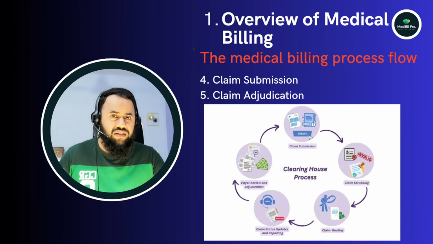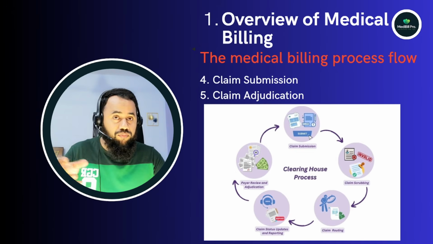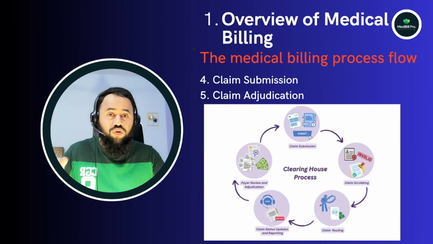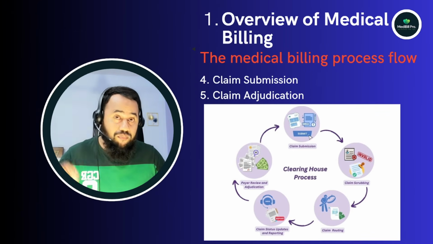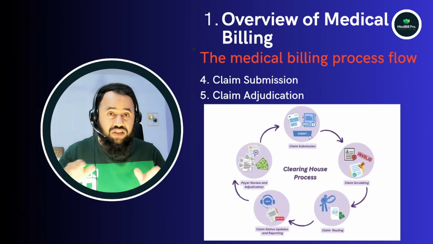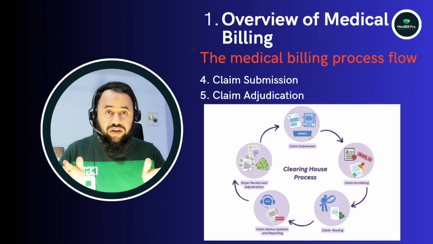Basically, the medical provider, our medical billing staff, is going to use different kinds of software. Basically, these are the clearing houses. These clearing houses have the function to scrub that claim. So they need to verify whether every piece of information in that specific claim is correct or not.